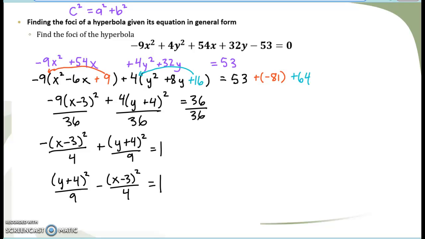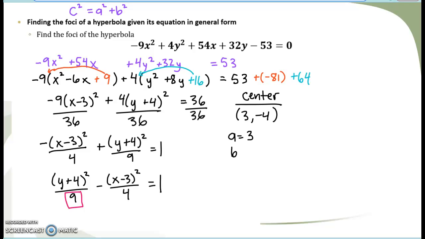But this equation right here is going to tell us that our center is at (h, k), which is at (3, negative 4), because our k is always attached to the y and our h is always attached to the x. It also tells us that a equals 3, because a squared is always the number under the positive fraction.